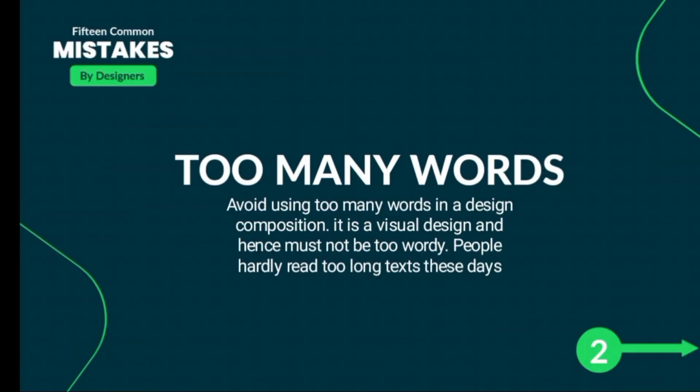Now, the second one is to avoid too many words. Now, a flyer, a banner is supposed to be a visually appealing piece of information conveying a message. But when you use too many words, it has a way of defeating the aesthetic and the visual appearance of that particular design. So avoid using too many words in your design composition.